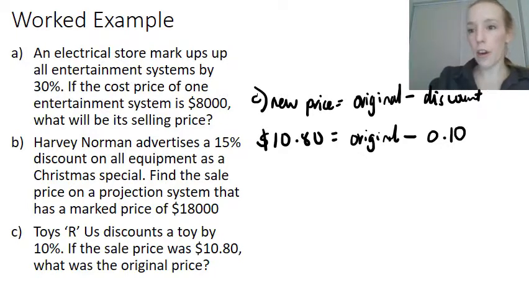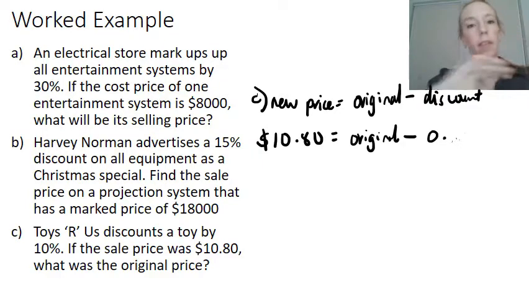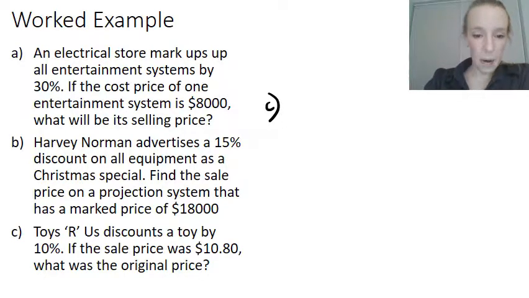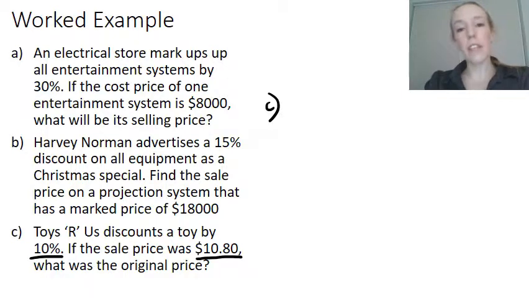Okay, sorry, that's incorrect. Okay, start again. I'm going to explain this a little bit more clearly now. We know our discount price is $10.80, and we know it's been discounted by 10%. So the unknown is obviously going to be our original price.